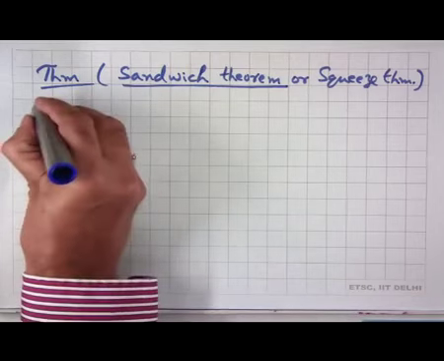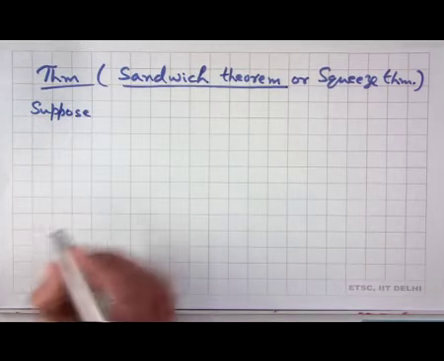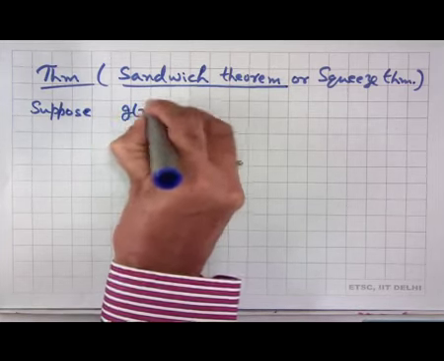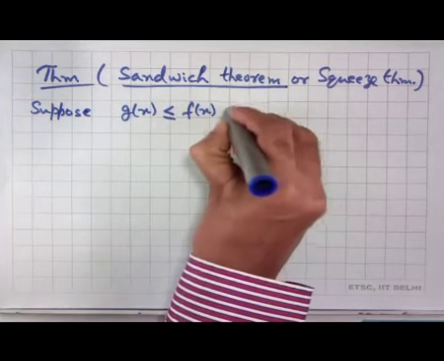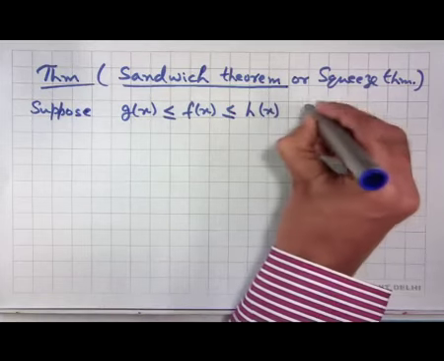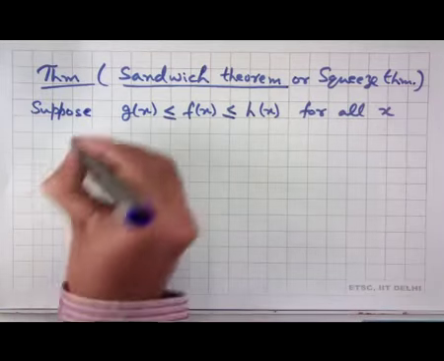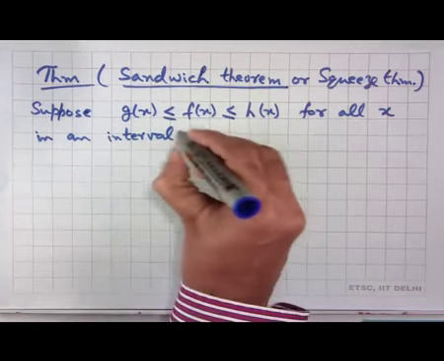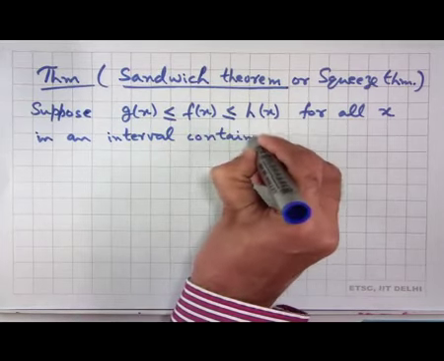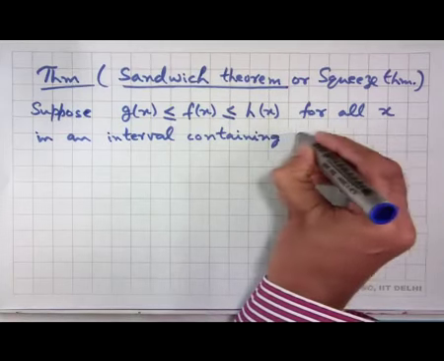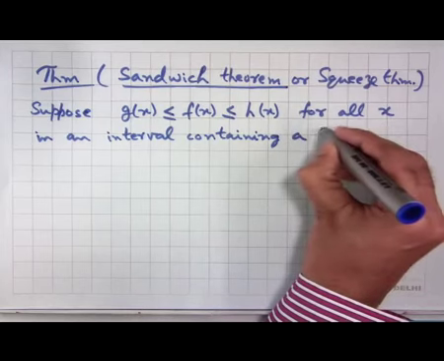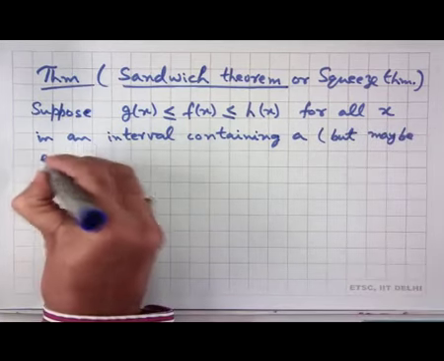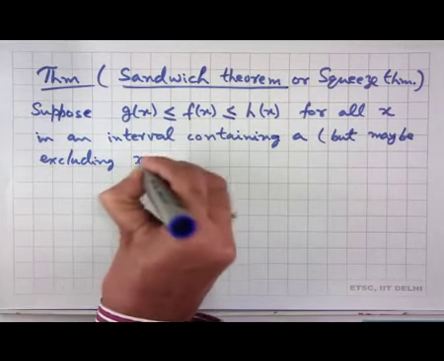What this says is that suppose we have a function f of x, suppose f of x is greater than or equal to g of x and is less than or equal to h of x for all x in an interval containing a, but maybe excluding x equal to a.